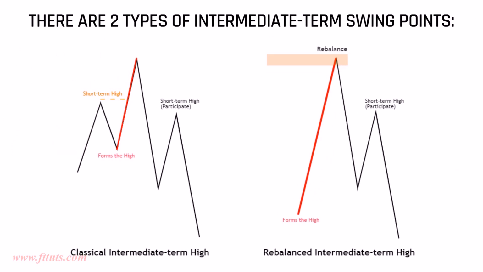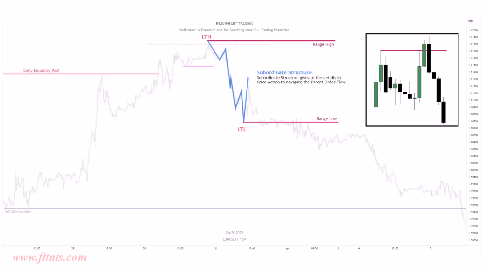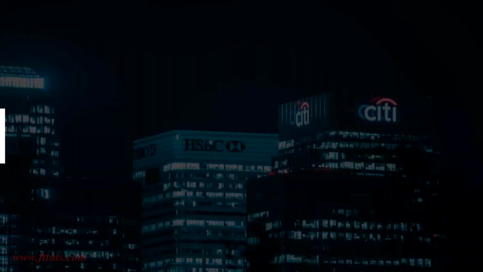So once again, before we continue, I want to say that you're finding these intermediate term swing points on the intermediate term perspective. Alright, so when it comes to long-term highs, that is framed off the high time frame resistance level.